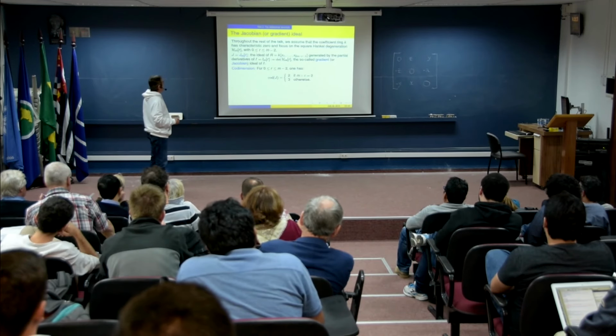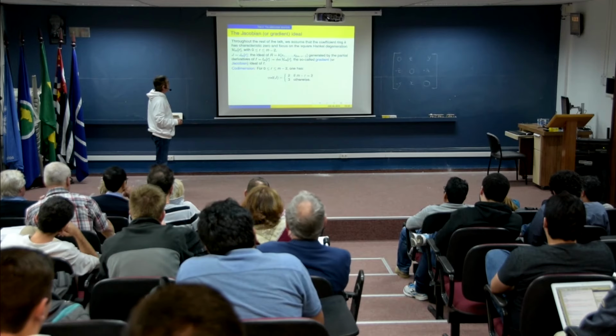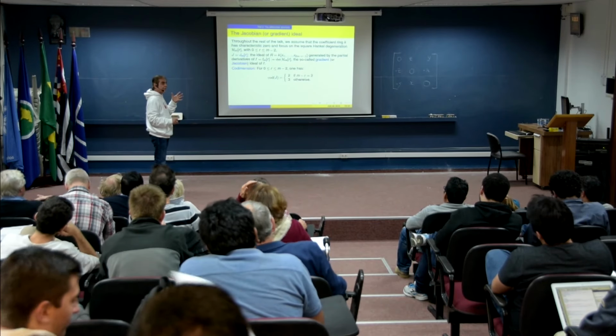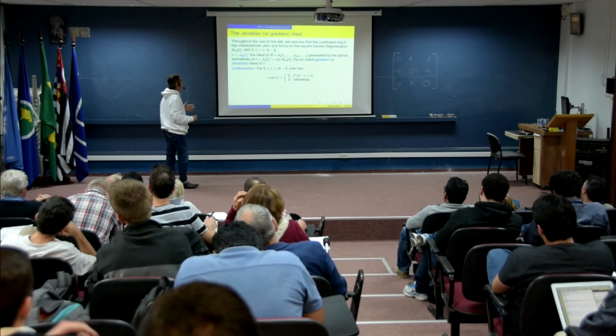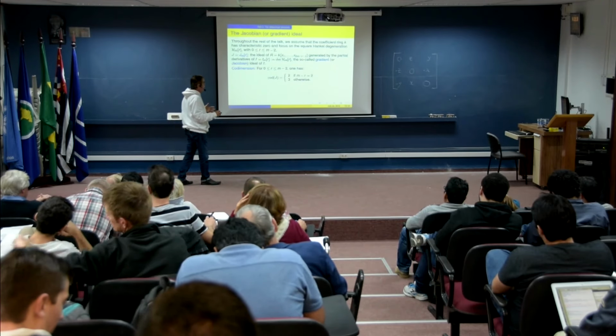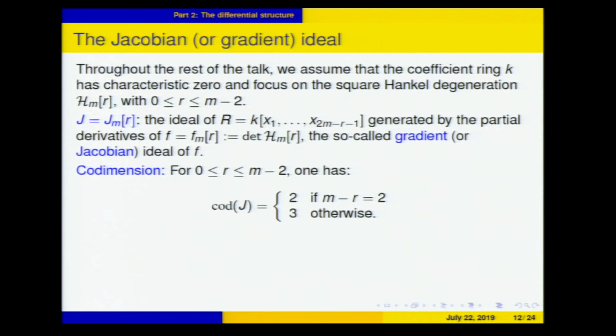And now you compute the codimension, which is something that should look obvious, but the proof is not obvious at all. You expect it to be 3, except in this extreme case, you expect it to be 3 because it is 3 for the symmetric matrix.